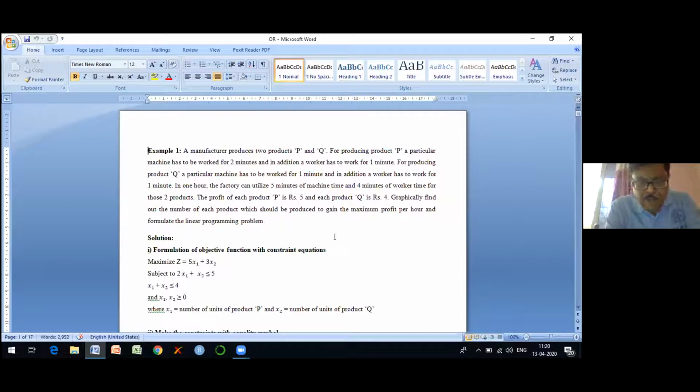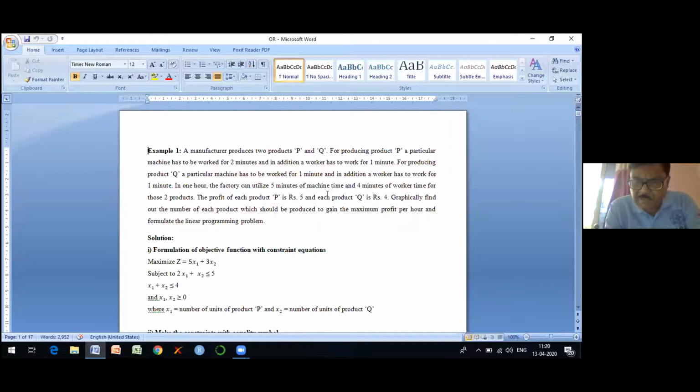Now going to the problem: in 1 hour, the factory can utilize 5 minutes of machine time. So the machine hour per hour is our constraint, our obstacle. Resource is limited, not unlimited.